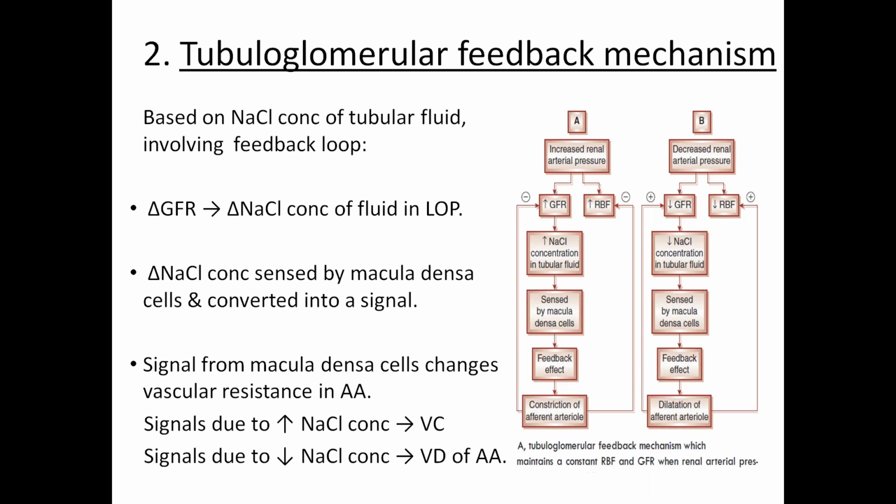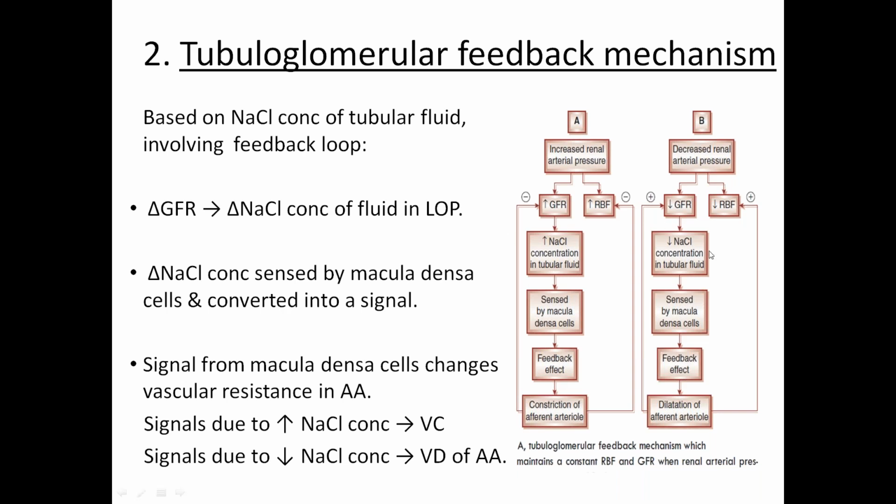Now this effector mechanism, which is responsible for the vasoconstriction or dilation, is not exactly known. Perhaps adenosine triphosphate, or what we call ATP, selectively constricts the afferent arterioles, and metabolites of arachidonic acid may contribute to the TGF mechanism.